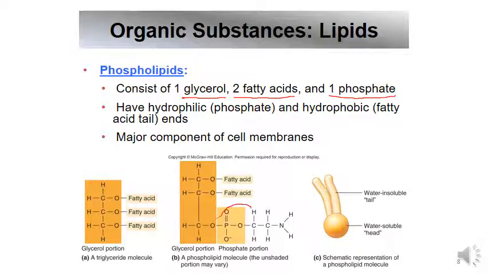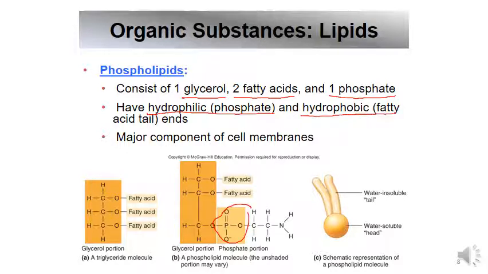This phosphate region is basically a phosphorus attached to some oxygens, and it's also attached to some carbons and hydrogens. So it's just a phosphorus atom with some things attached. But this difference makes phospholipids different because this phosphate side is actually okay with water. It's okay if it touches water. The phosphate is hydrophilic, but the fatty acids are still hydrophobic.